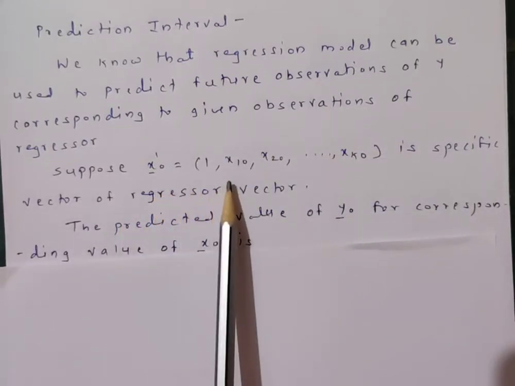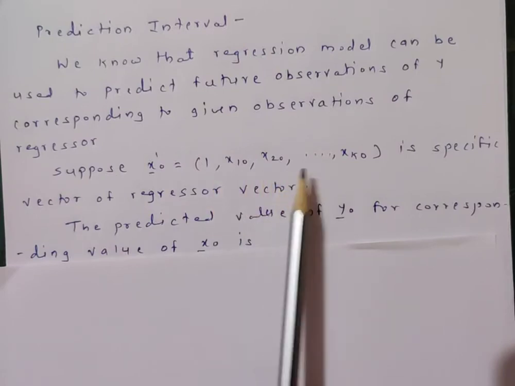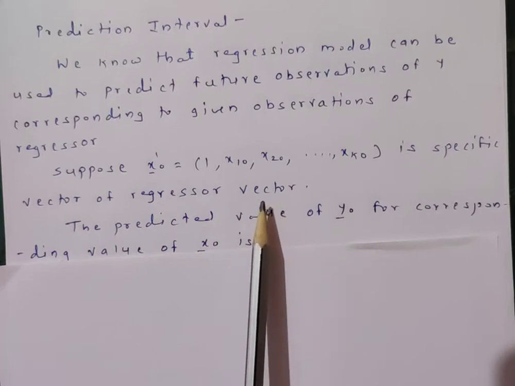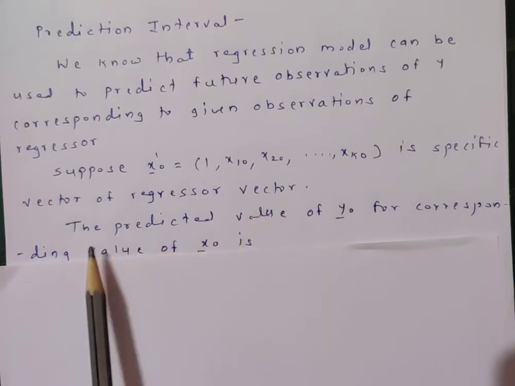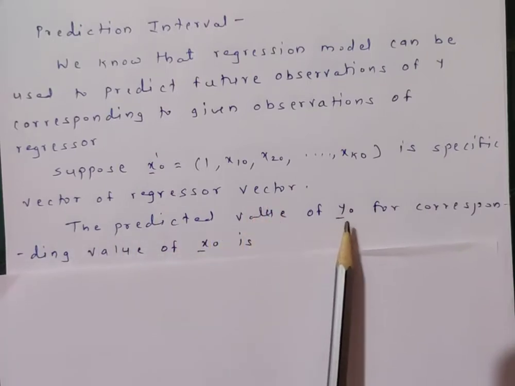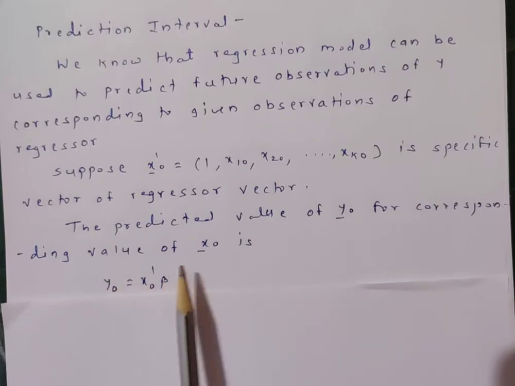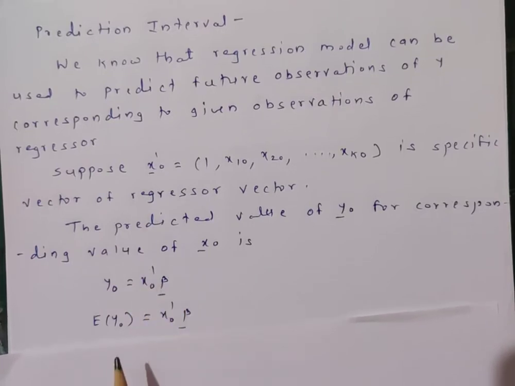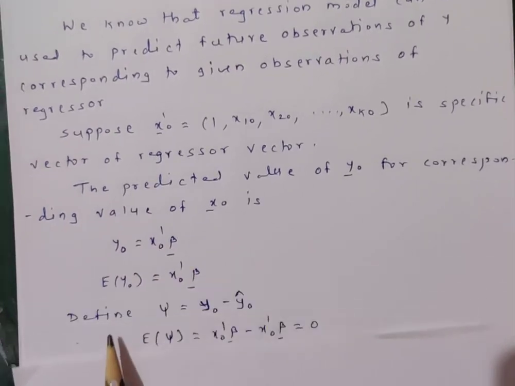Suppose x0 prime, which is equal to 1, x10, x20, up to xk0, is a specific regressor vector. The predicted value of y0 corresponding to x0 is y0 hat equal to x0 prime beta hat. So the expectation of y0 is x0 prime beta.